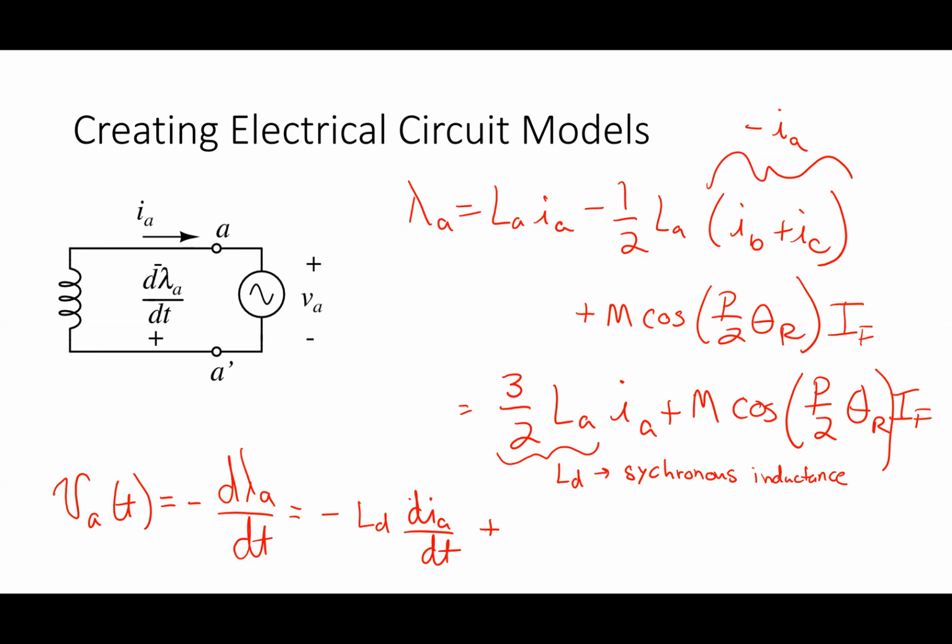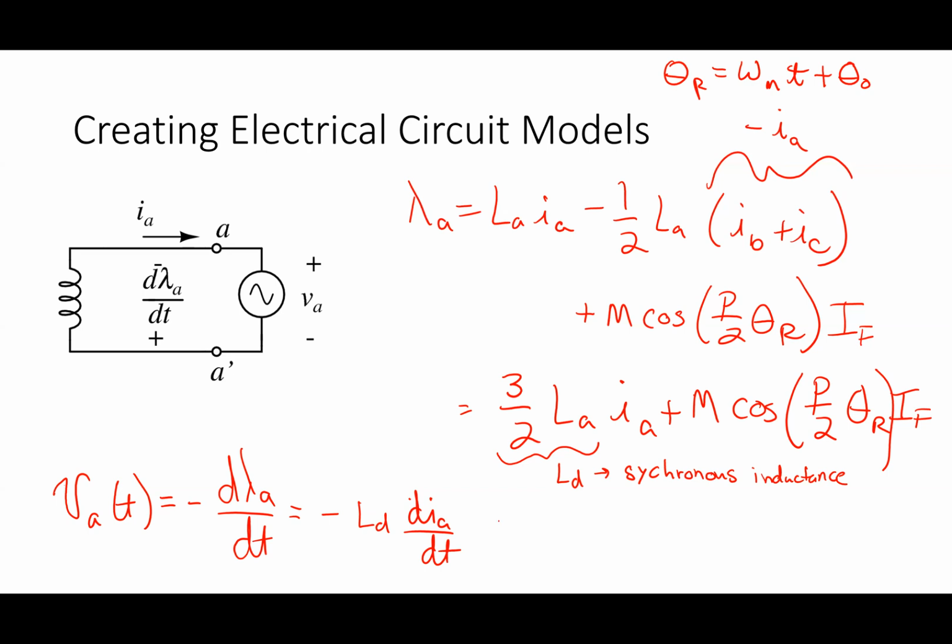What do I do with this character here? Well, let's see. I have P over 2. What was theta R? Theta R was the mechanical speed plus theta naught, but I'd be careful.